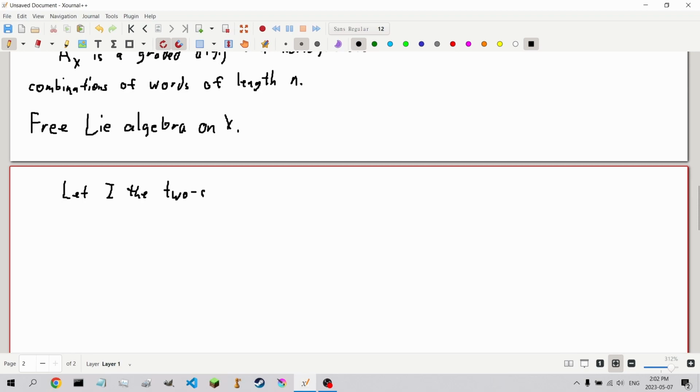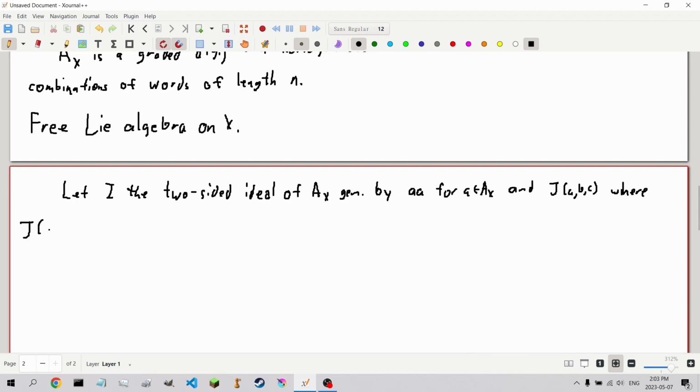It's the two-sided ideal of AX generated by the product of elements a with themselves for a in X, and elements of the form J(a, b, c), where J(a, b, c) is equal to abc plus cab, as you would expect.